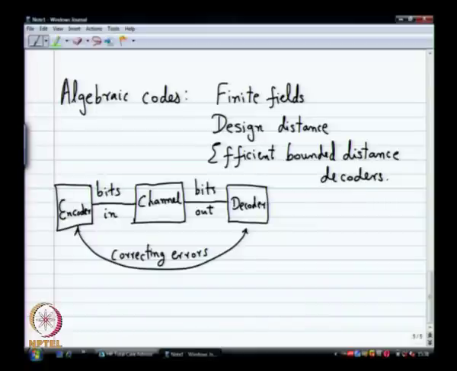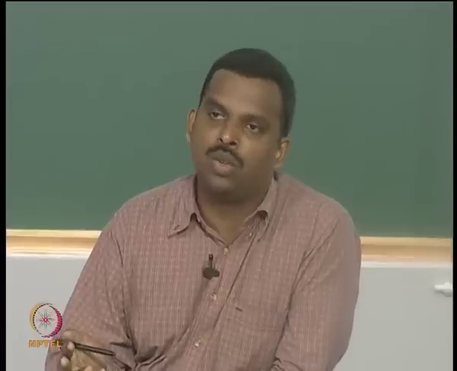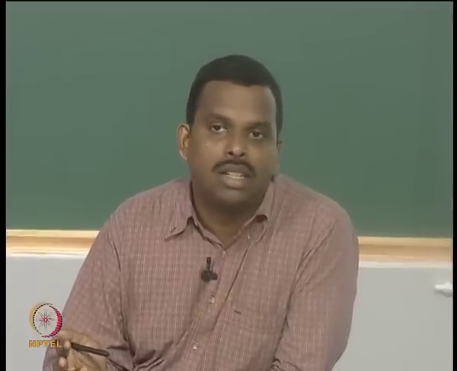Some bits are going in, bits are coming out, there is some probability that the bits might be in error. So, you either had a binary symmetric channel kind of model, or a simpler model, the bounded distance model. You always knew that with very high probability you would have a maximum of, let us say, 8 errors, 8 byte errors or 8 bit errors or whatever. You had a bound on that number.